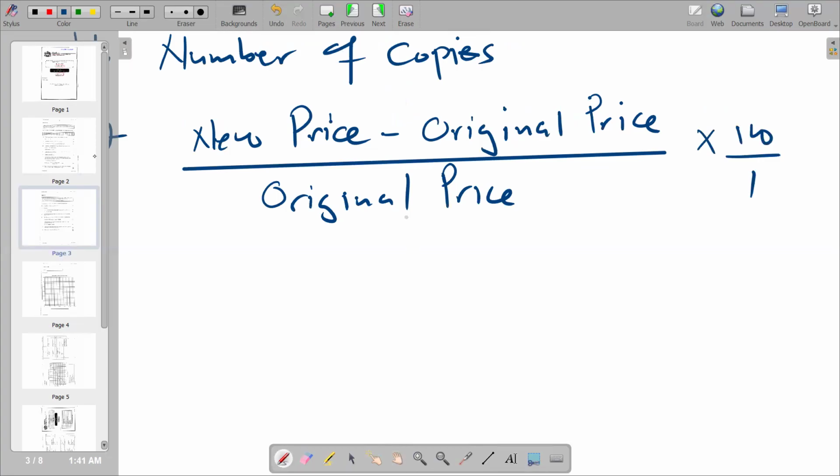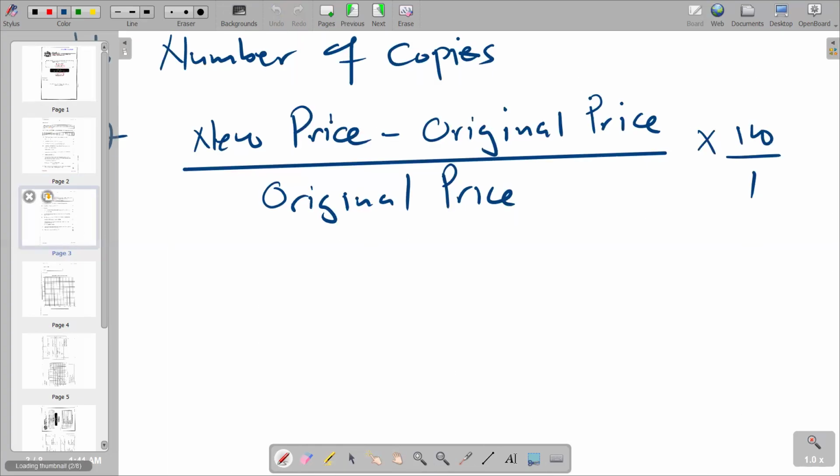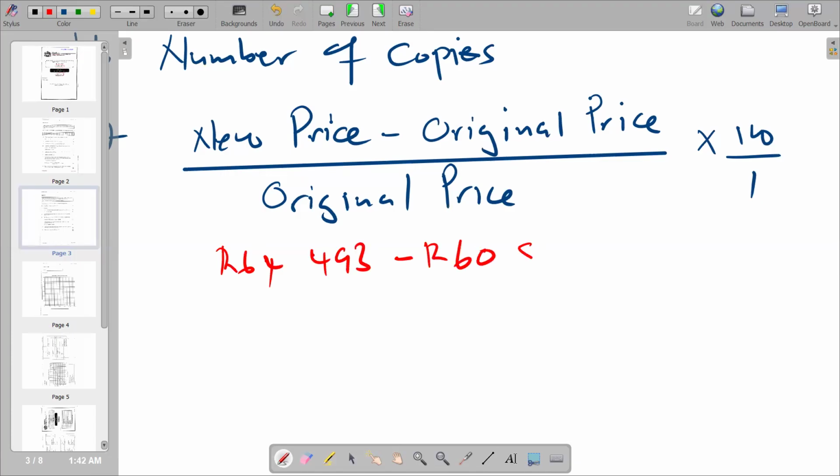So this is the formula that we have. So we need to find out about these values of new price and original price. The new price is 64,493 rands, and the old price is 60,500 rands. So we are just going to substitute in our formula, whereby we are going to say our new price being 64,493. Then subtract your 60,500. Then it's over original price.